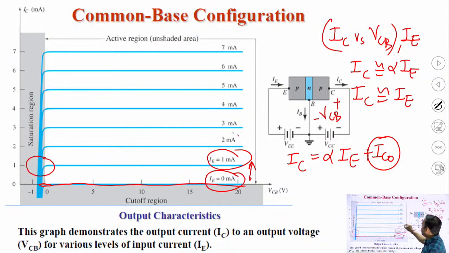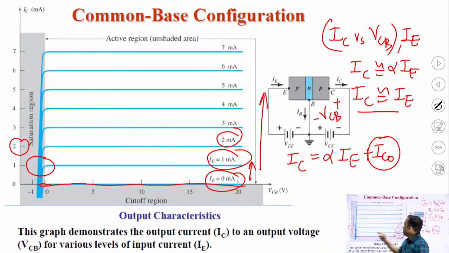If IE equals 2, IC is also equal to 2 here, means IC is nearly equal to IE. As we increase the emitter current, the current IC also increases and it is constant. So the current is saturated, current is constant. We have seen that this particular region, where the emitter base junction is forward bias and the collector base junction is reverse bias, is called the active region.